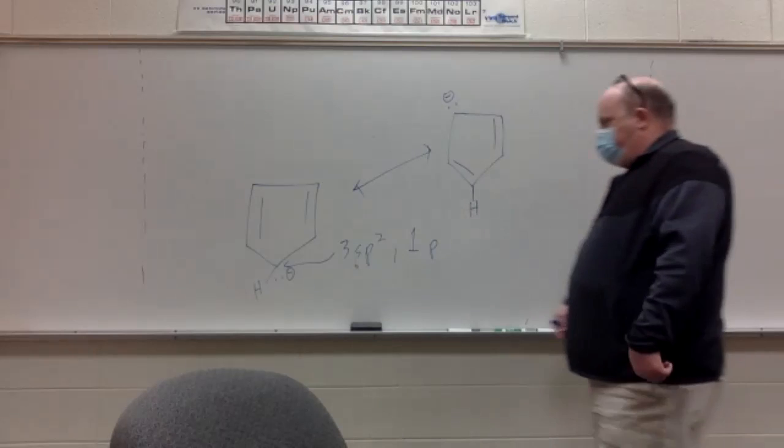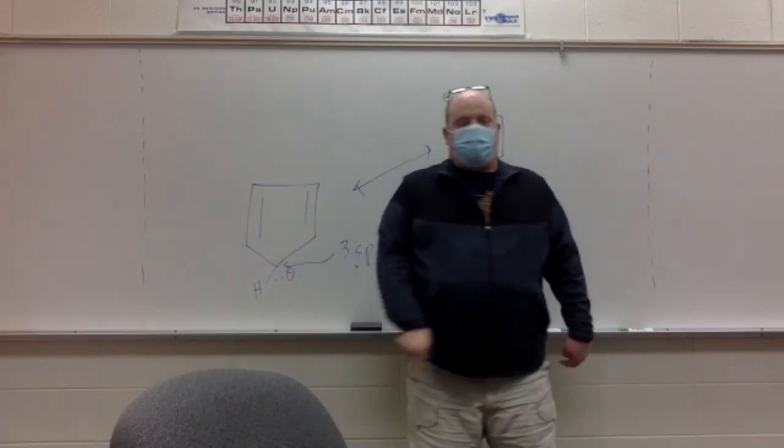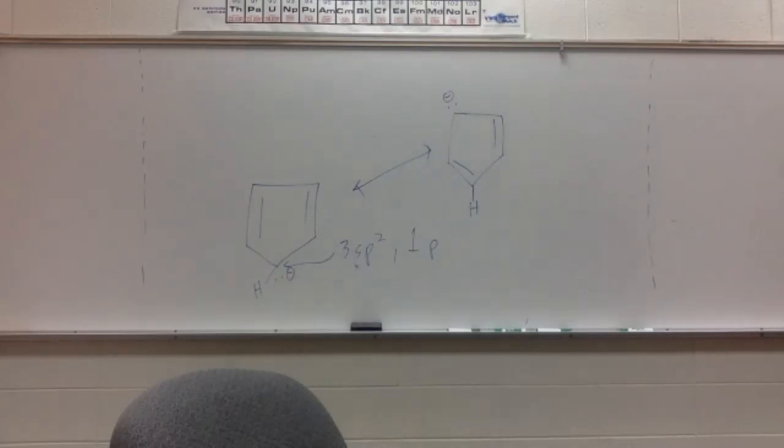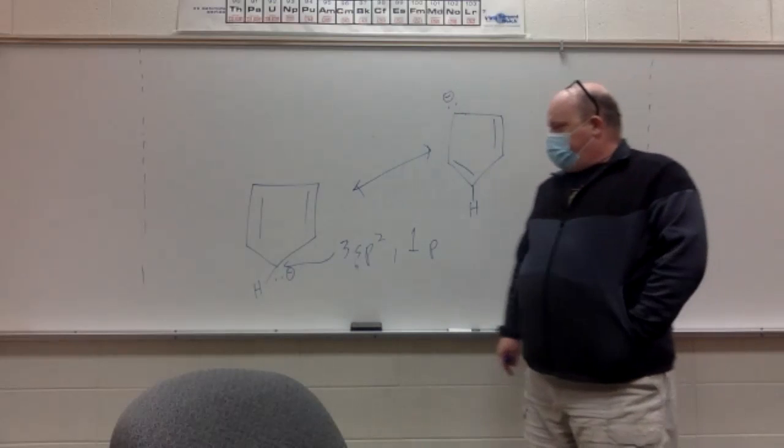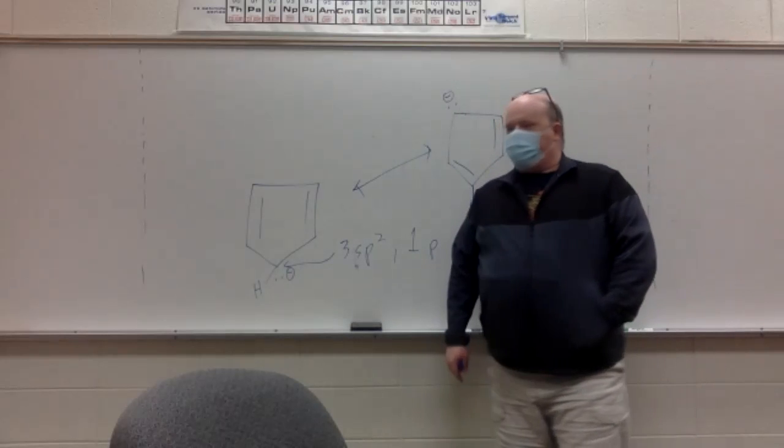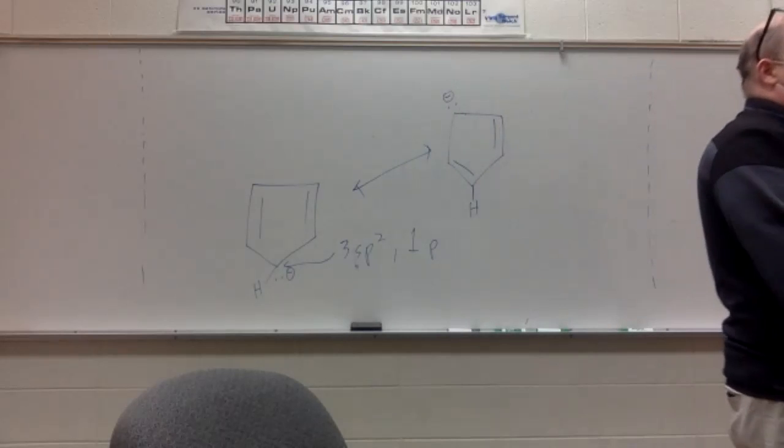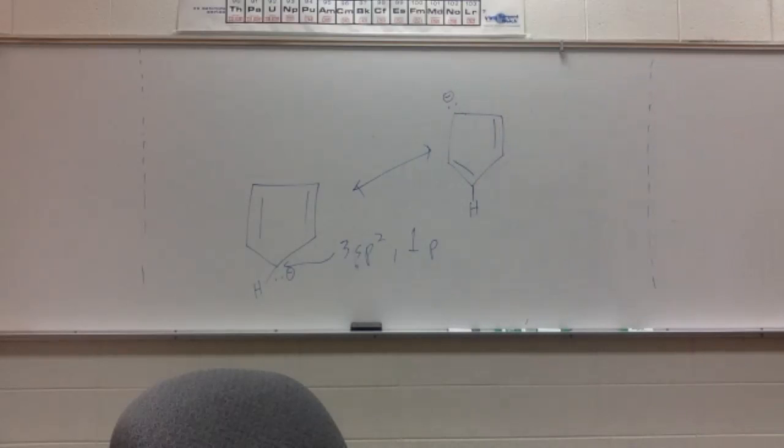Now we got to figure out where these electrons go. I've drawn them by default on the outside. We got to figure out if they actually stay there or go on the inside. What can you tell me about the current allocation of electrons it's got? How many of its hybrid orbitals are currently used?